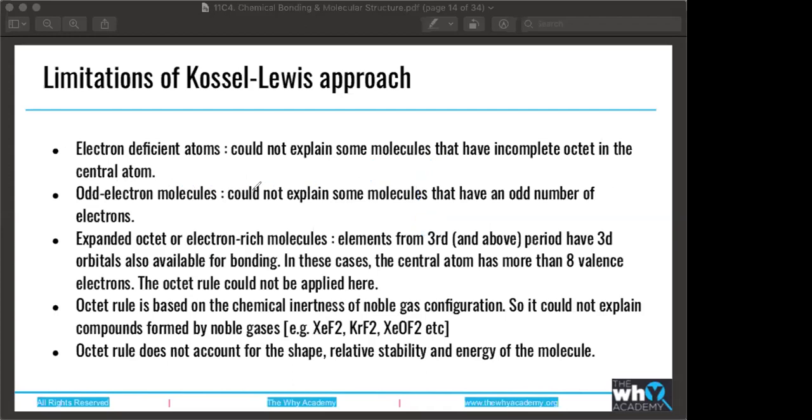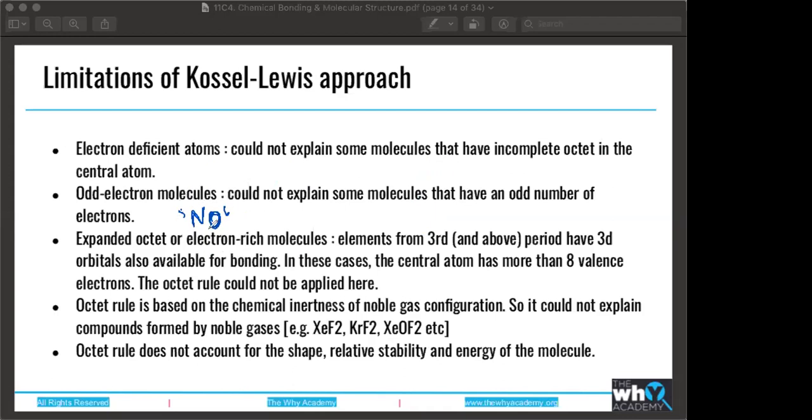Odd electron molecules: it could not explain molecules that have an odd number of electrons, for example NO. N2O is laughing gas, and NO is another oxide of nitrogen. N has 5 electrons, oxygen has 6 electrons. It is difficult for Lewis-Kossel, because you have either lone pairs or bond pairs of electrons, so how are the electrons distributed in this case?